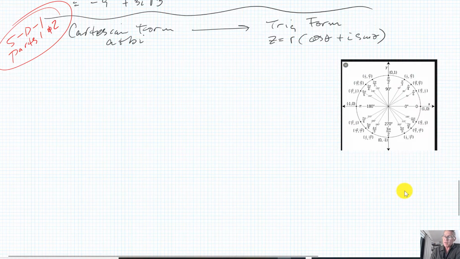Let's take a complex number in Cartesian form, and let's say that it's negative rad 3 plus 2i. No, switch that, excuse me. Let's try a negative 2 plus rad 3.